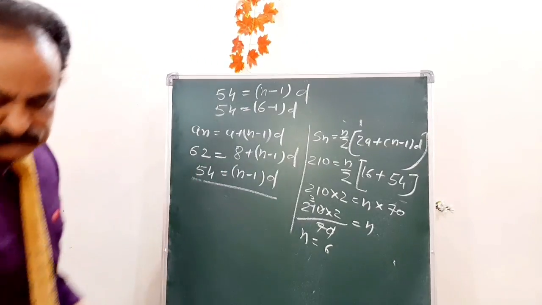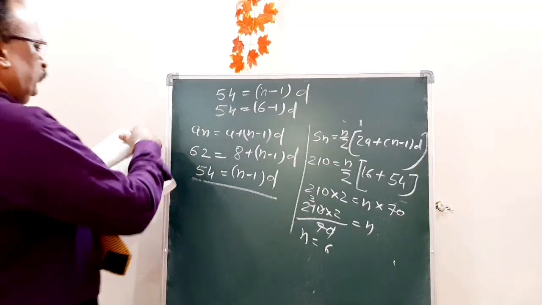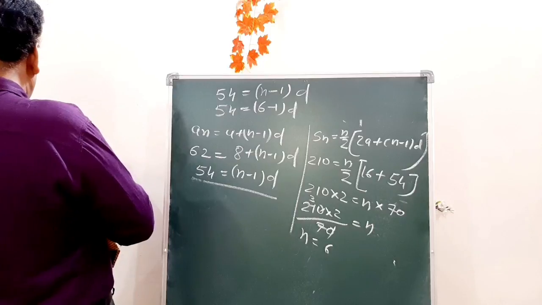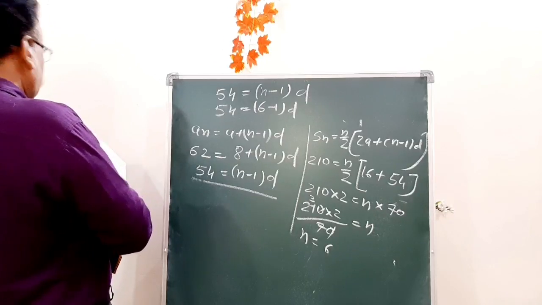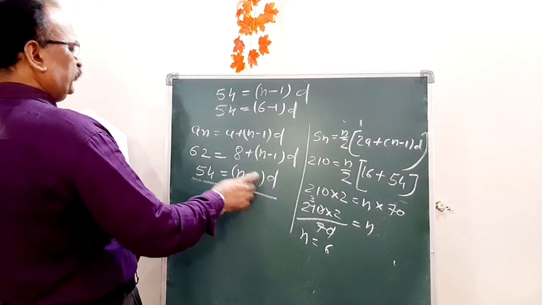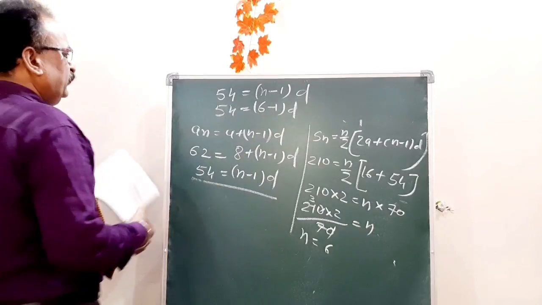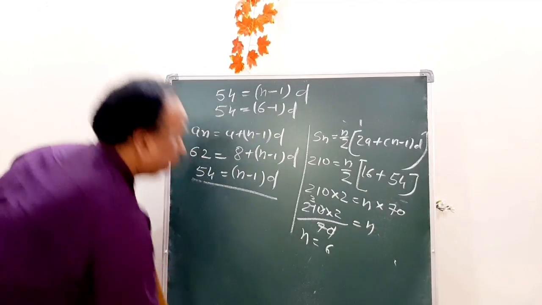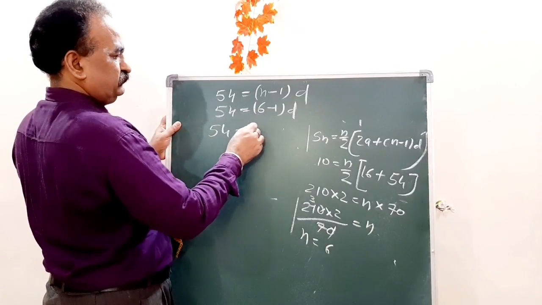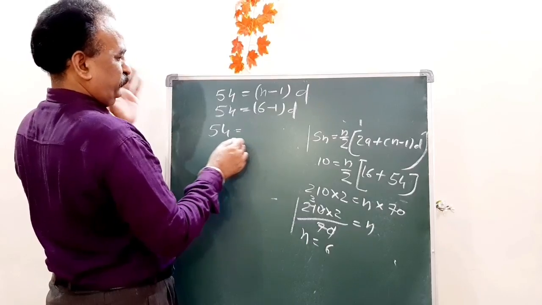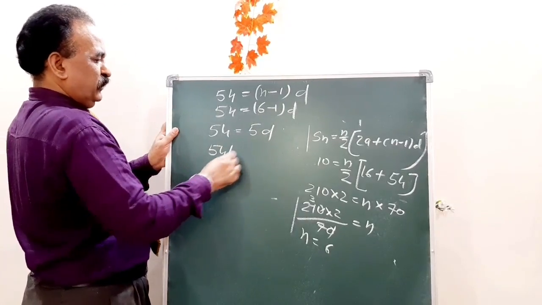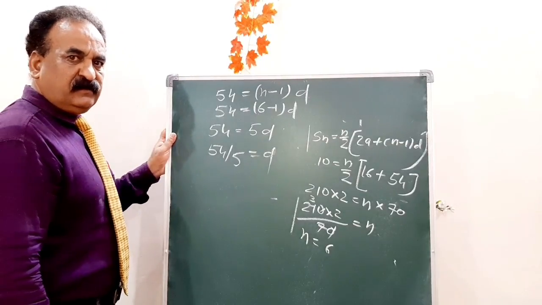So 54 is equal to 5 into d. So 54 upon 5 is equal to d. Okay, now d is 54 upon 5.